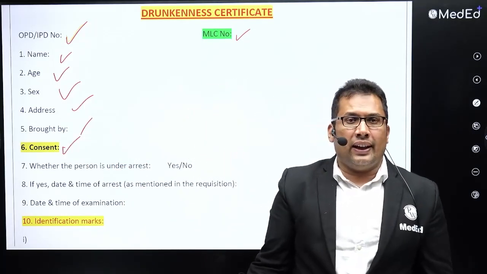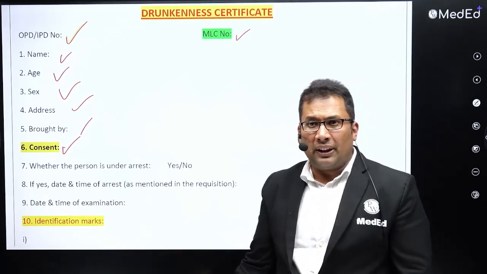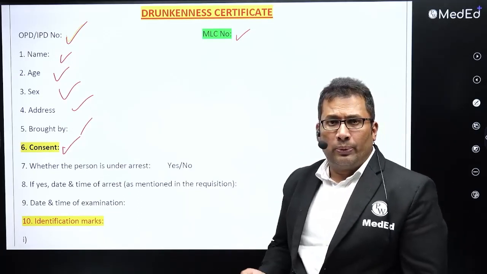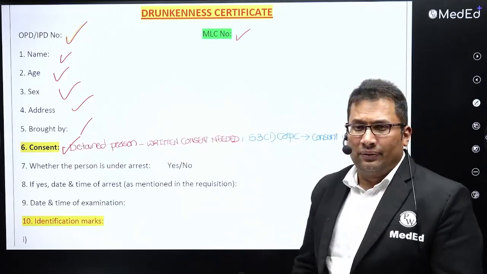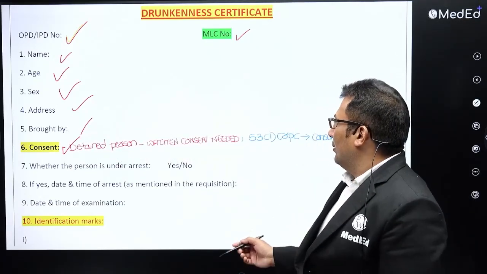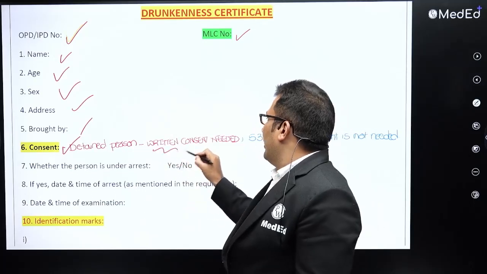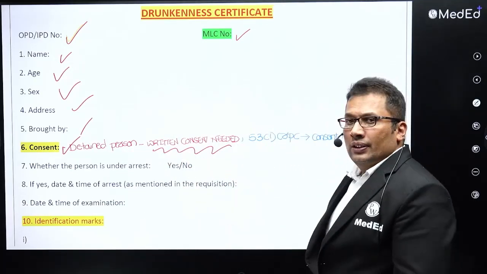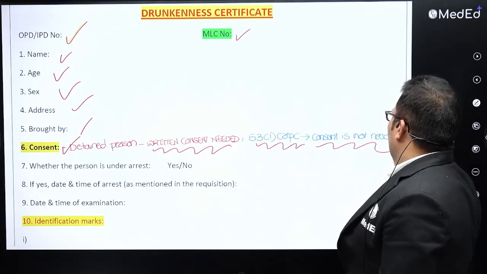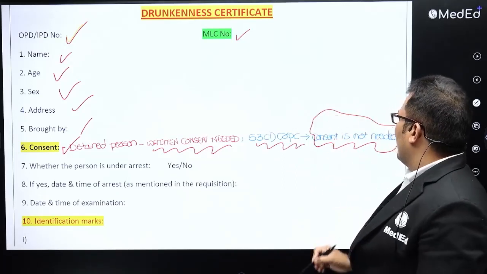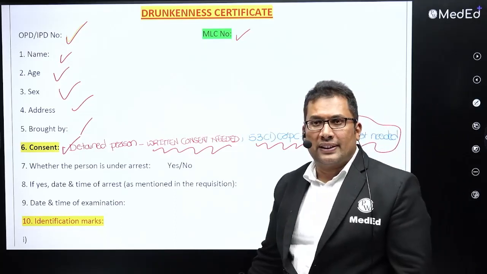The consent taken. Okay, but here there are 2 points to be mentioned. Detained person, written consent is needed, but under 53(1) CrPC, the consent is not needed. 53(1) CrPC.